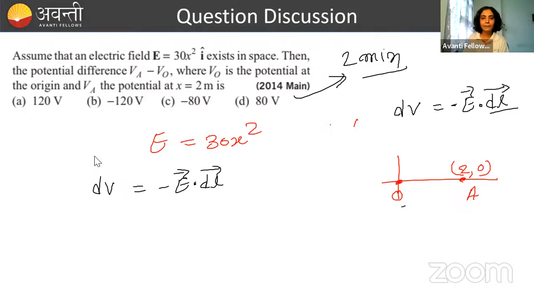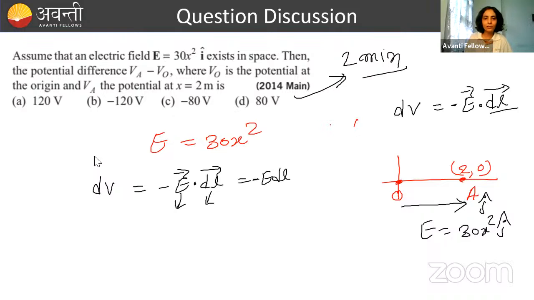You just see here, displacement is along this direction. We are moving from O to A. So displacement is in I cap direction. And also electric field is in I cap direction. That is written as 30x square I cap. So angle between electric field and dl is going to be what? 0 degree. So minus E dl cos 0. That is 1.